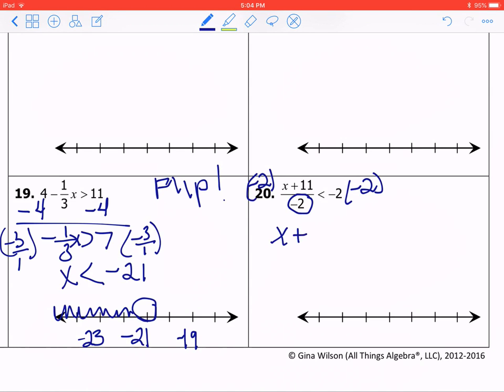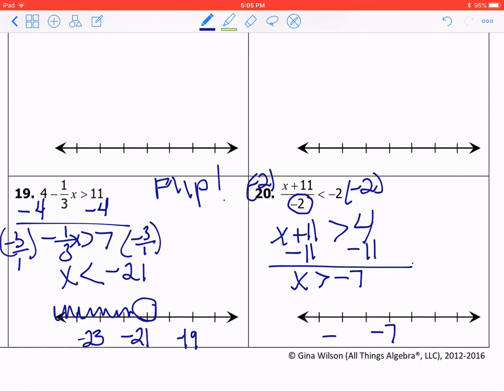From the get-go, I just multiplied by a negative, so I'm going to turn it around. Negative 2 times negative 2 is positive 4. Subtract 11. So x is greater than negative 7.